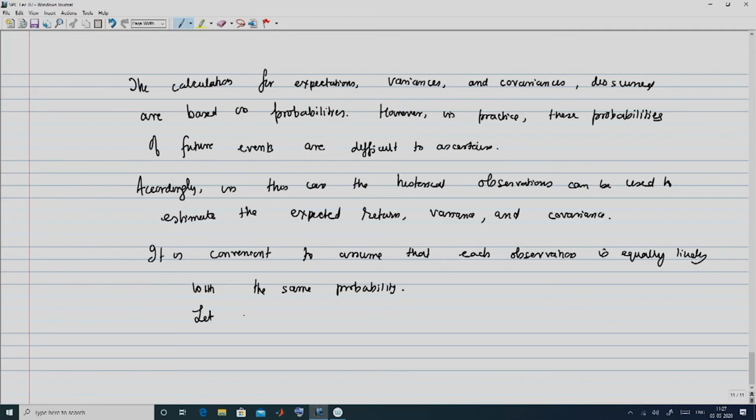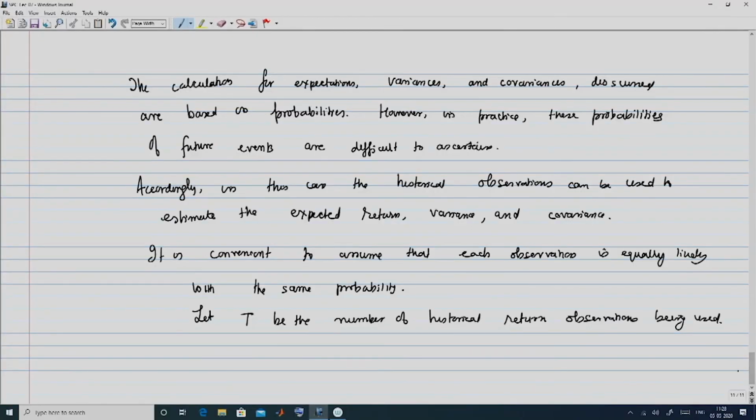Let T be the number of historical return observations being used. So, this means that there are actually capital T plus 1 historical data points, which will give us capital T historical observations.